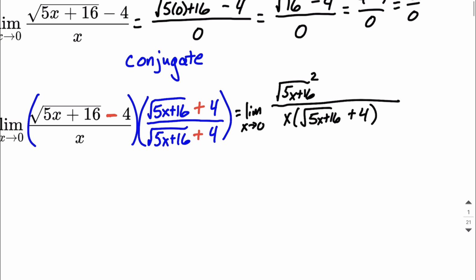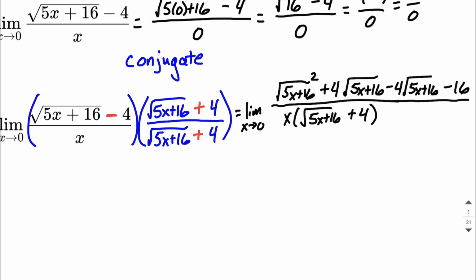For our outer terms, I'm going to say square root of 5x plus 16 times positive 4, and I tend to write the number out in front. For our inner terms, we have negative 4 times the square root of 5x plus 16. And for our last terms, we have negative 4 times positive 4, which will make negative 16.